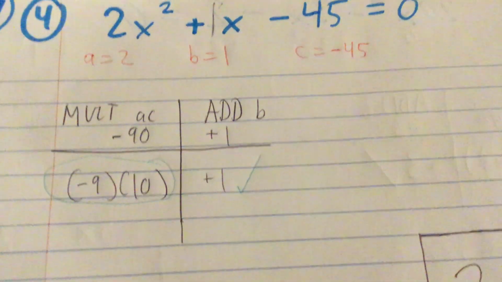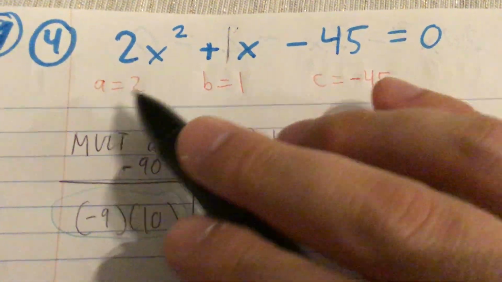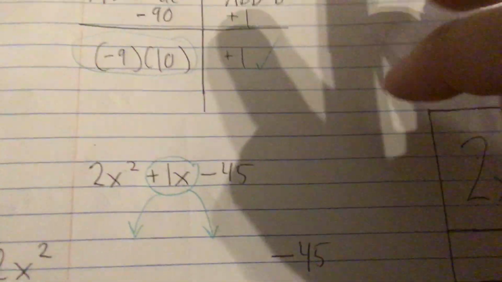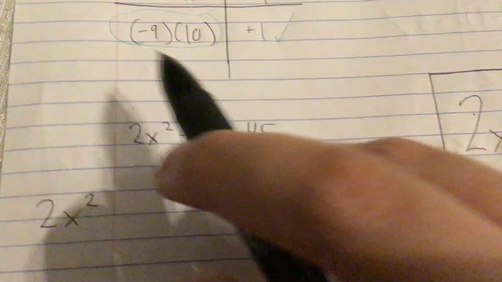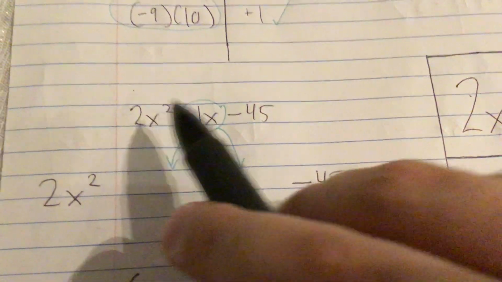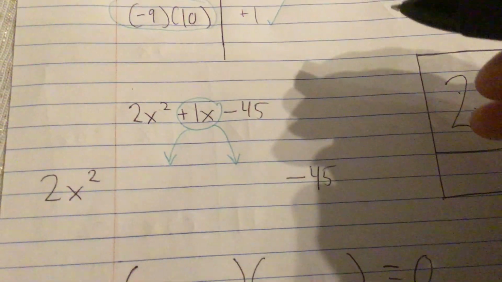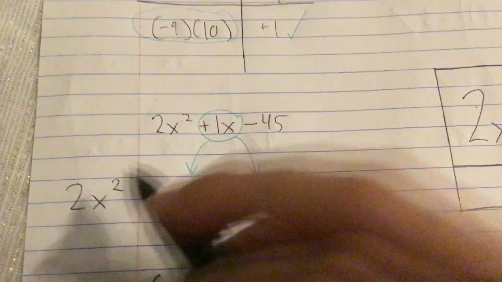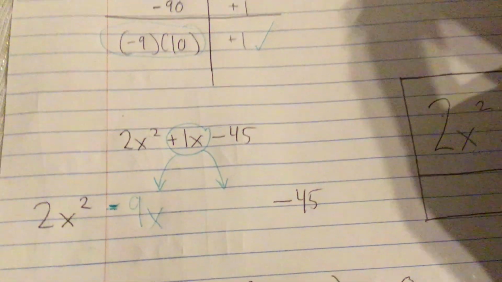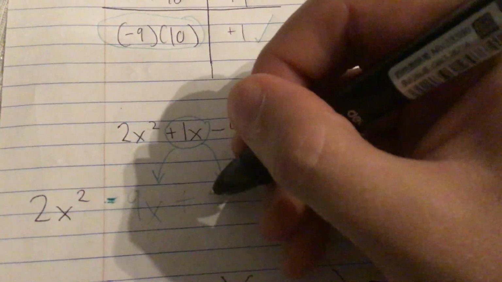The winning team for a quadratic, when a is not equal to 1, has the middle term get split. So specifically, 2x squared plus 1x minus 45 can split the middle term. We've got 2x squared minus 9x, and then positive 10x.